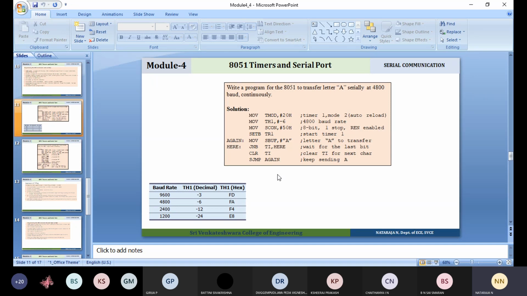Take one homework program. Try this. Make a note of this program.